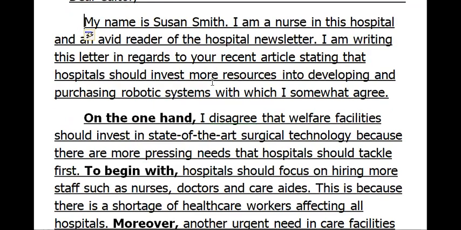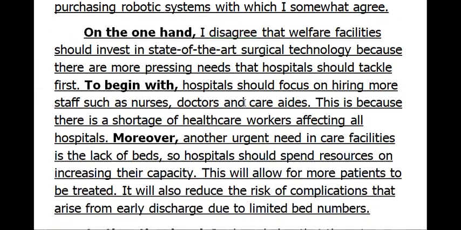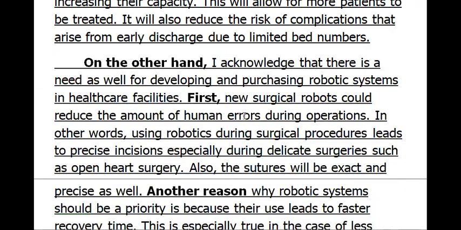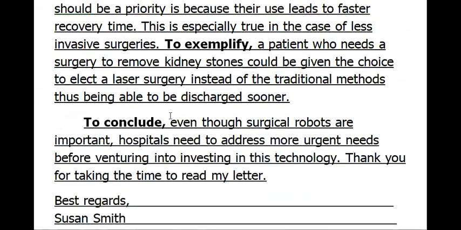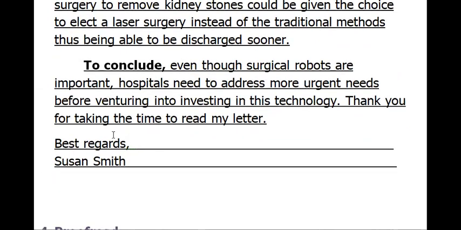You will have an introduction with the components. You will have the first paragraph, if you agree or disagree. Second paragraph, which is the counter argument, conclusion, and final greetings, which is best regards or warm wishes, and so on.